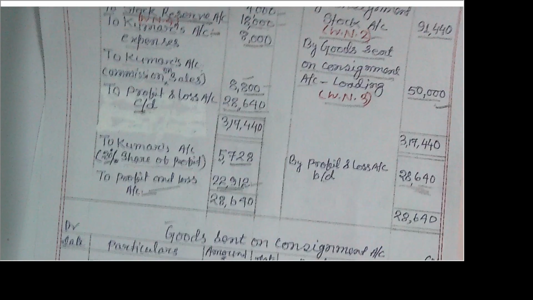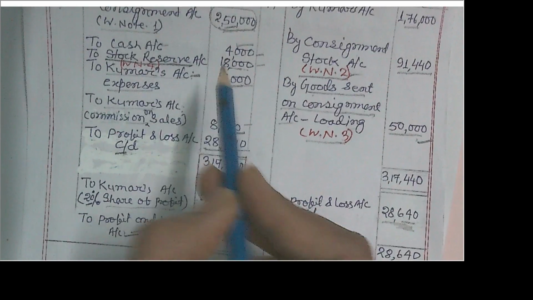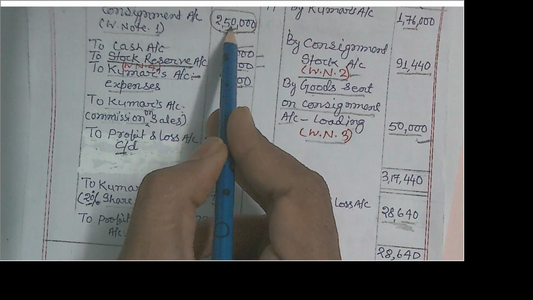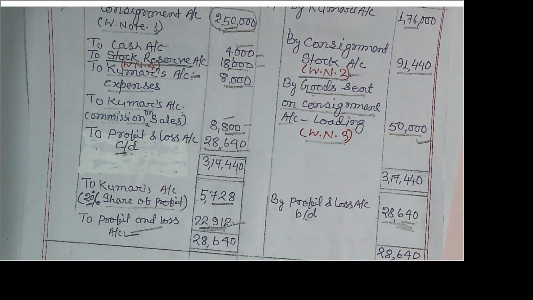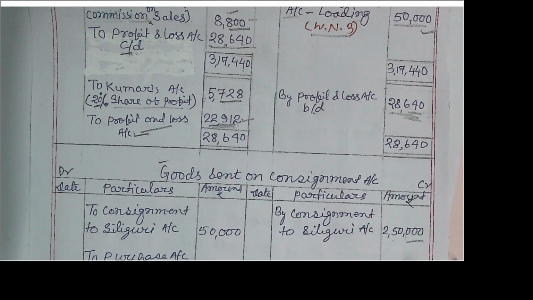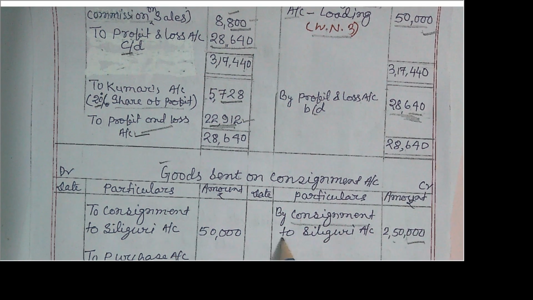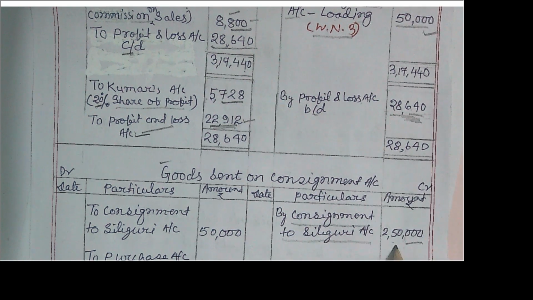So this 2,50,000 in goods sent on consignment account will be on the credit side, but you have to write consignment to Siliguri account 2,50,000.